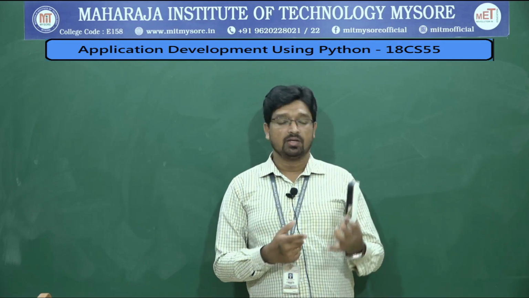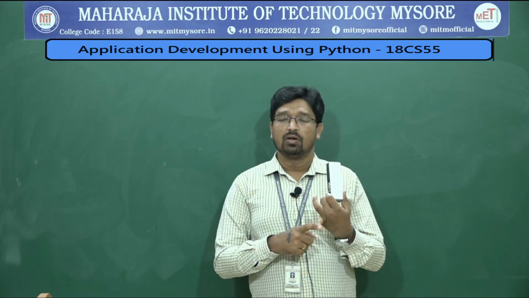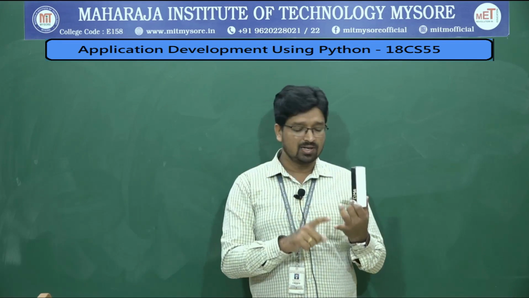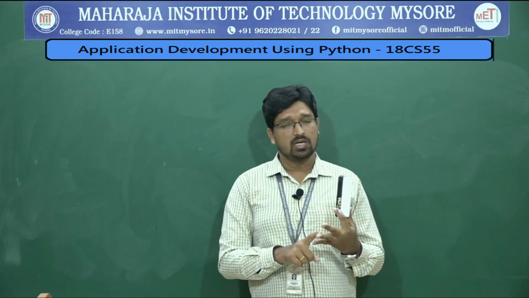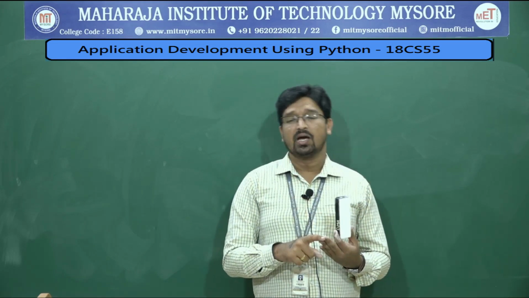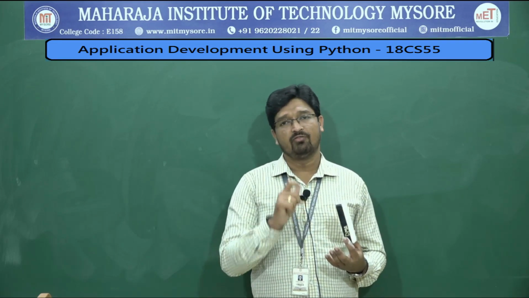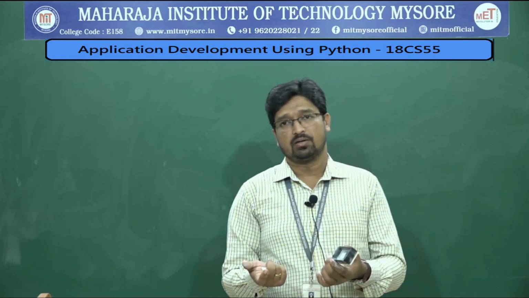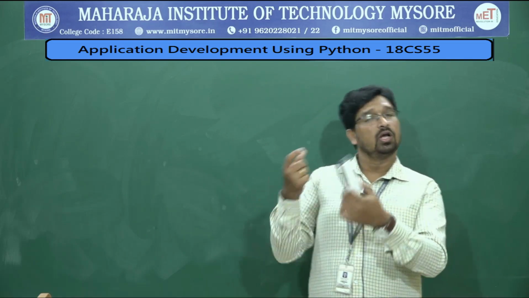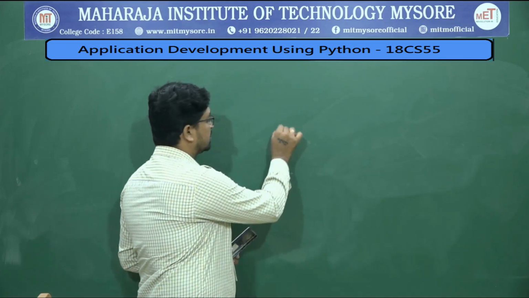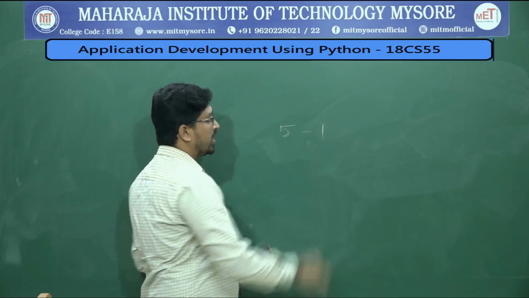Did you get it? If you want to store student information like name, USN, mobile number, address and date of birth, that is 5 fields. So you need to take 5 variables to store one student's information.